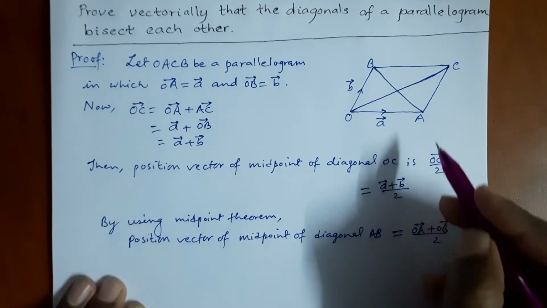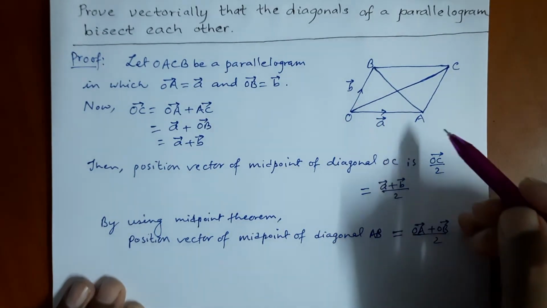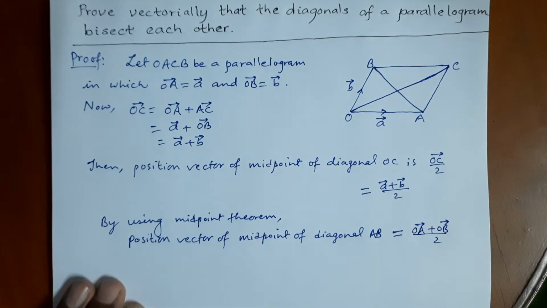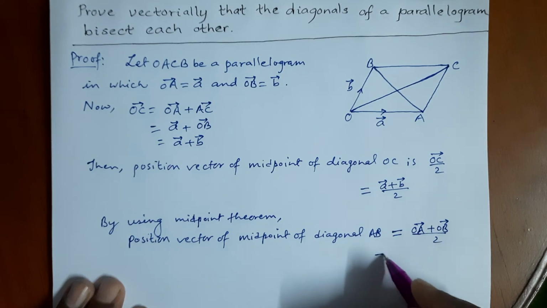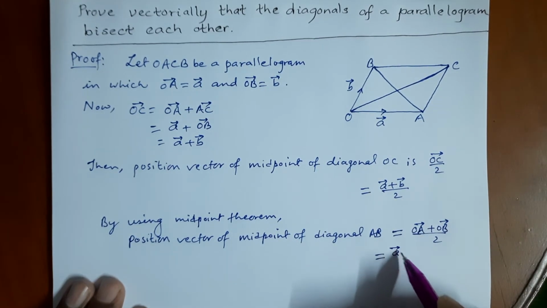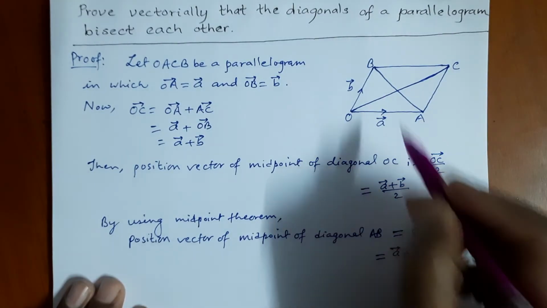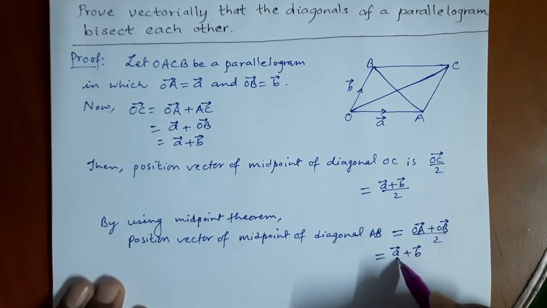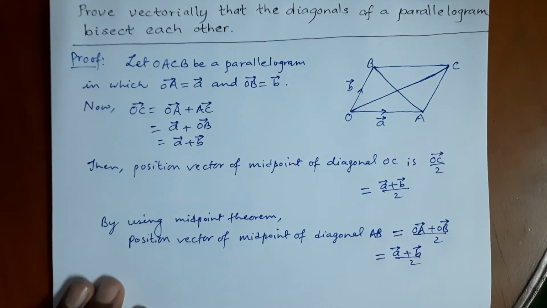The position vector of the midpoint of diagonal AB is OA plus OB over 2. You know the midpoint theorem for vectors, and here vector OA is vector A and vector OB is vector B, over 2.